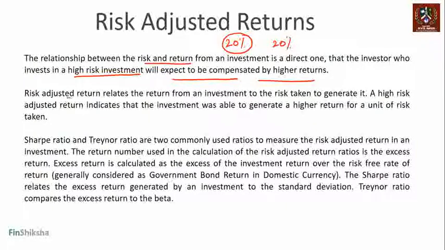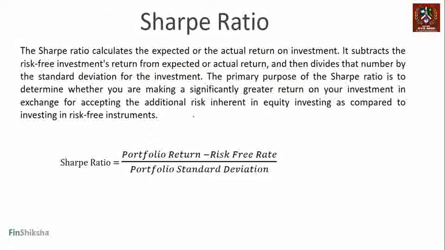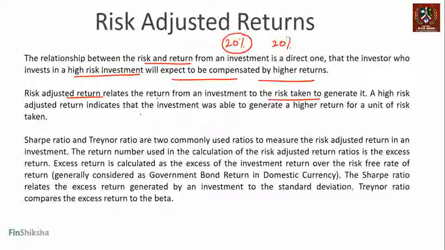Risk-adjusted return relates the return from an investment to the risk taken. It indicates whether the investment was able to generate a higher return for the risk taken or not. Two of the most commonly used metrics are the Sharpe ratio and the Treynor ratio.